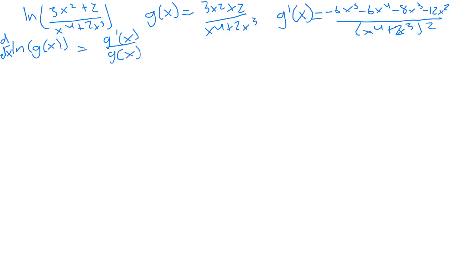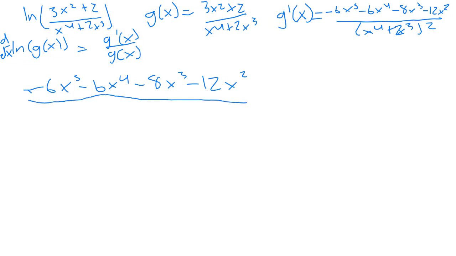All right, so we have our g prime of x, negative 6x to the 5th minus 6x to the 4th minus 8x cubed minus 12x squared all over x to the 4th plus 2x cubed squared.